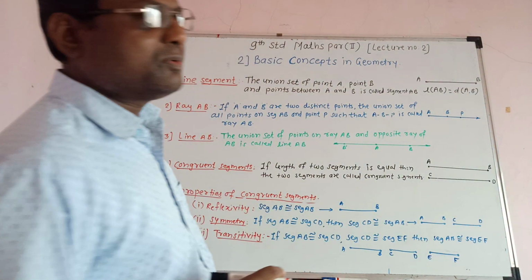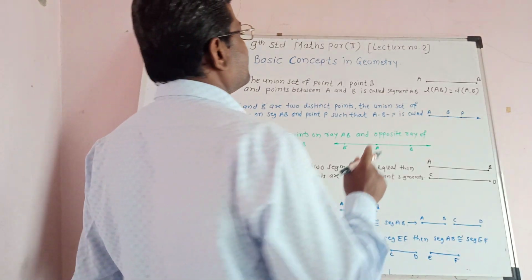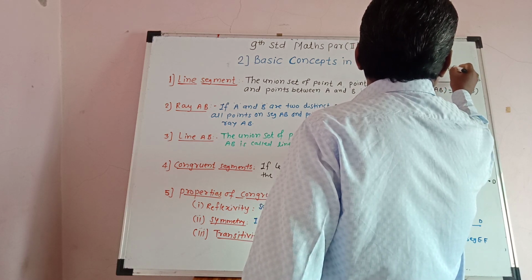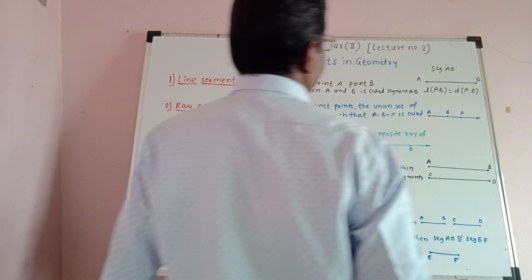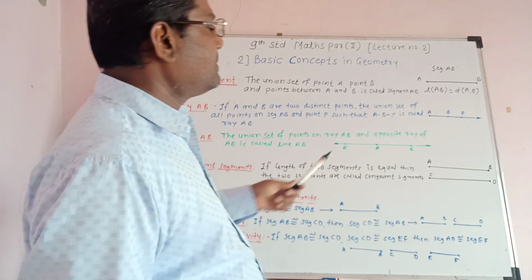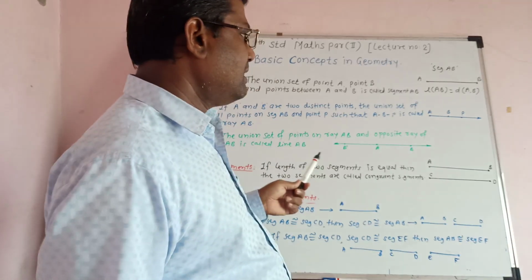Length of AB is equal to distance of AB, and in short segment AB is written as seg AB.